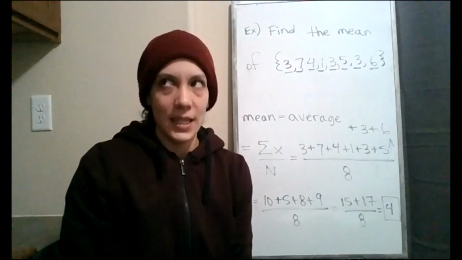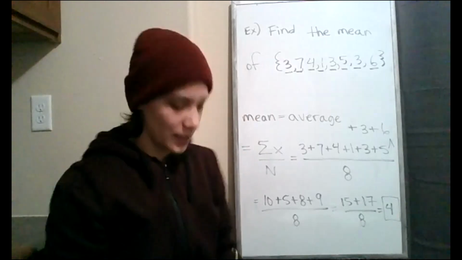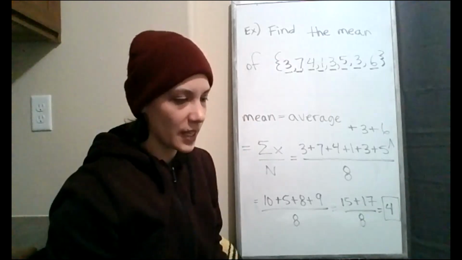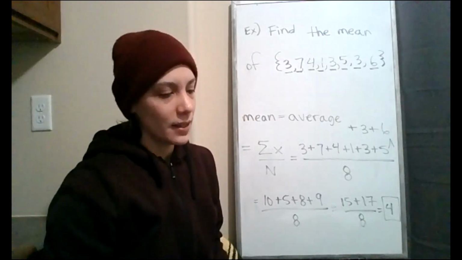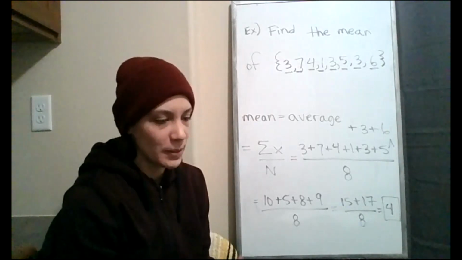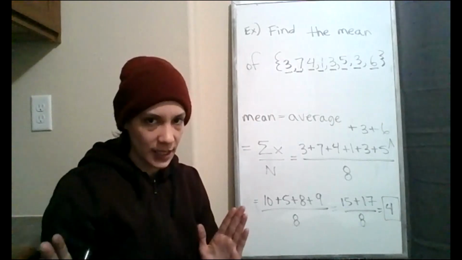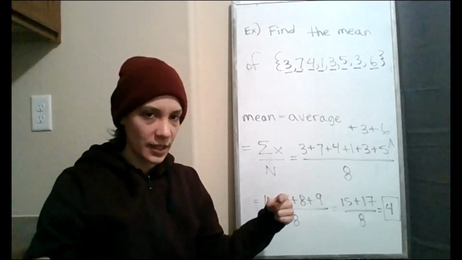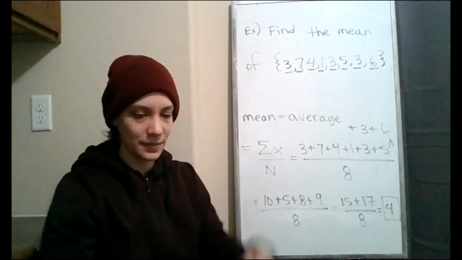All right, the next thing to cover is median. So the median is the value that lies in the middle of your data, which means you have to get your data organized in increasing order and then start on the edges and work to the middle.